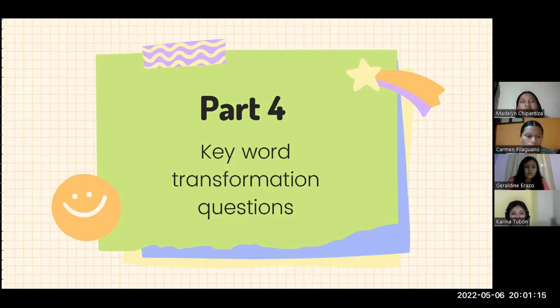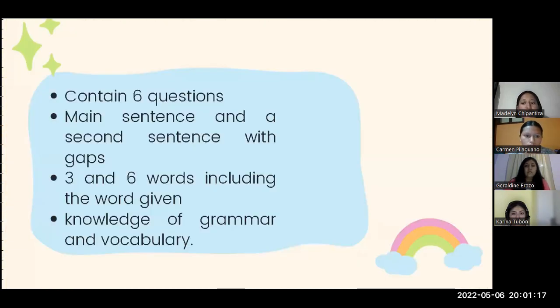The word given must be in capitals, and the form of the word cannot change. In addition, it emphasizes the ability to paraphrase using knowledge of grammar and vocabulary. For example, here we need to paraphrase or use some comparatives or superlatives and set expressions.